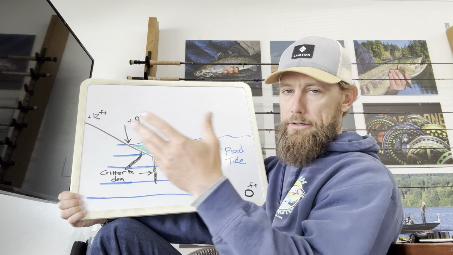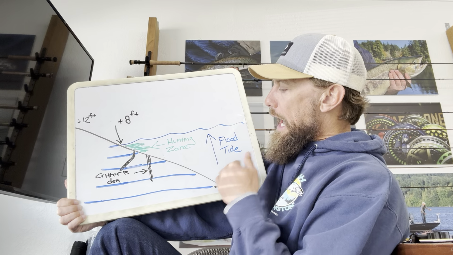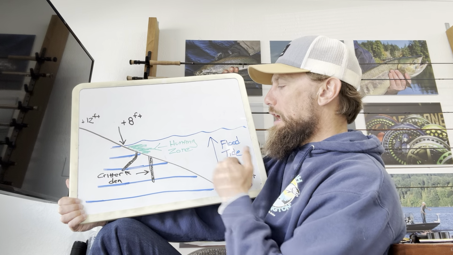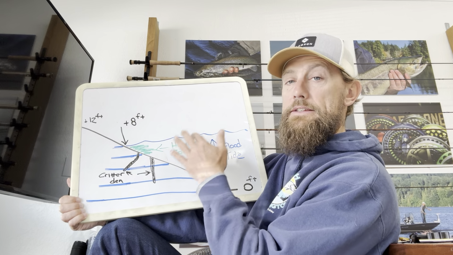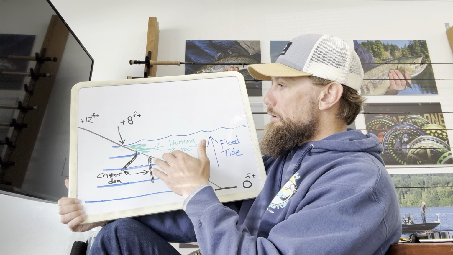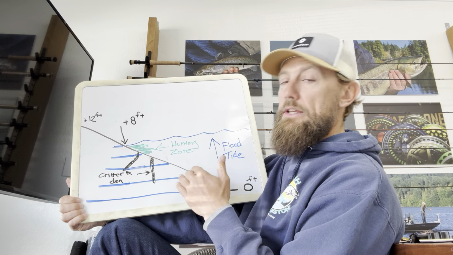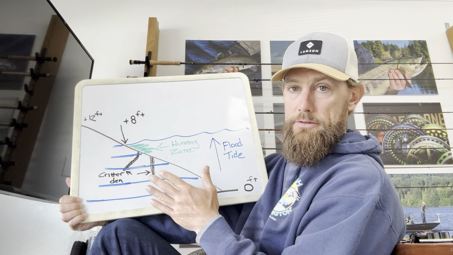This is just a hypothetical tide, a 0 to 12. Okay, so the higher one goes, the higher the flood goes, as an angler, the more speed you might want to induce into your presentations.